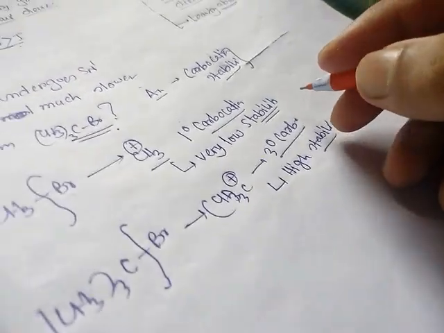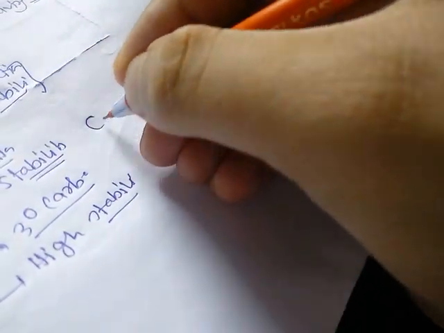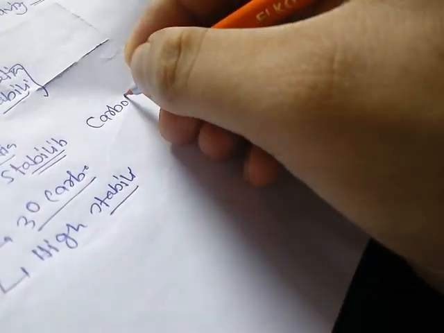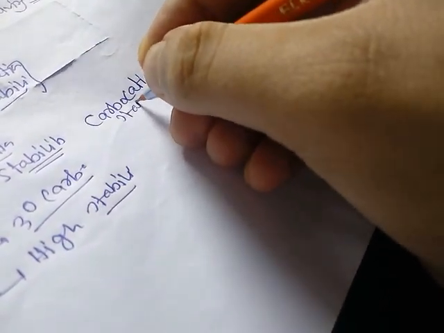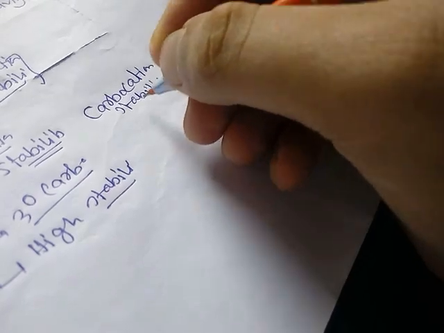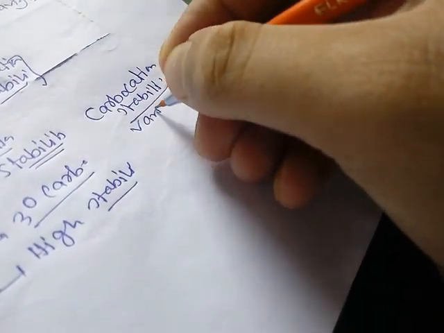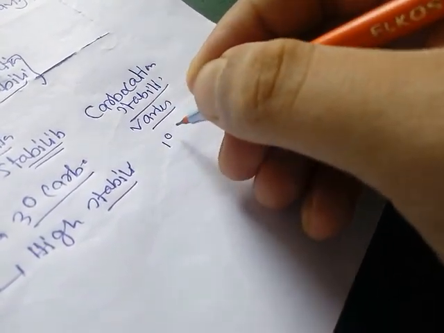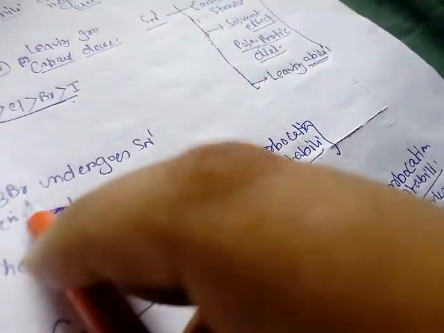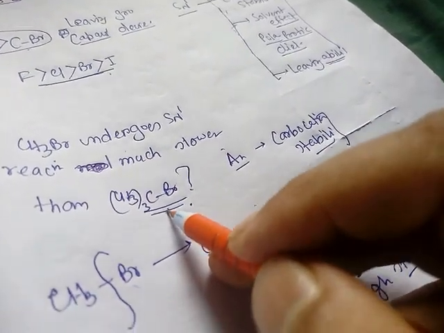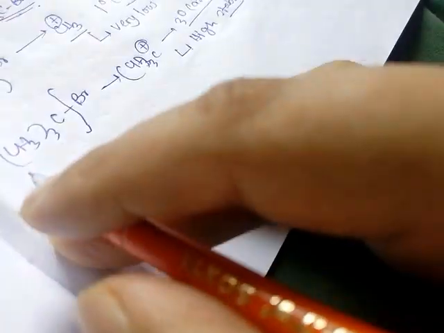Hence the carbocation stability varies in the order 1 degree less than 2 degree less than 3 degree. Hence we cannot choose CH3Br, but we can choose CH3 CH3 CH3 CBr. This is the main question.